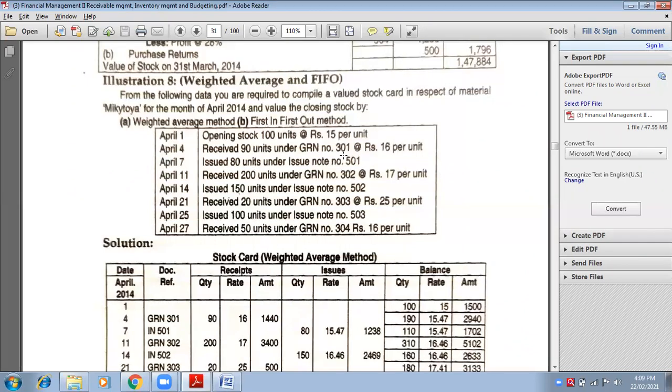Write down 100, 15, 1,500. Now in the balance column, bring down this 90 also, but below 100. After writing down 100 units, write 90 units: 90, 16, 1,440. Now you can close the date and write down the next date, 7th.